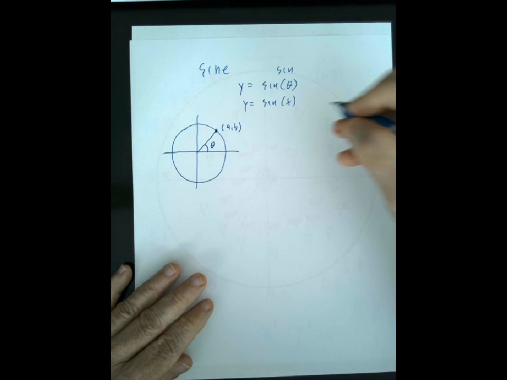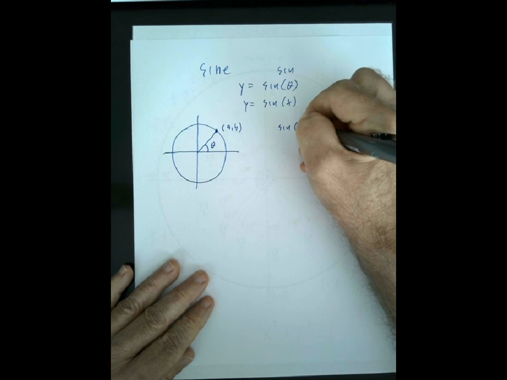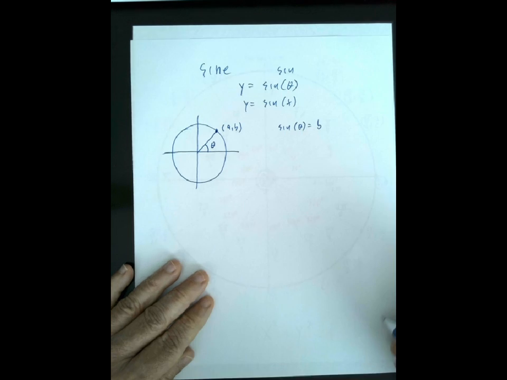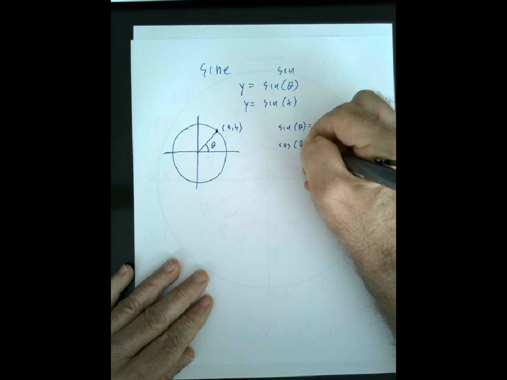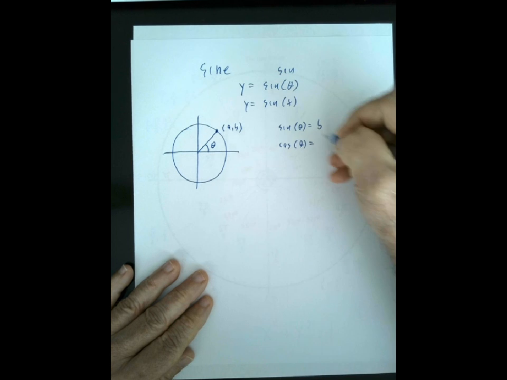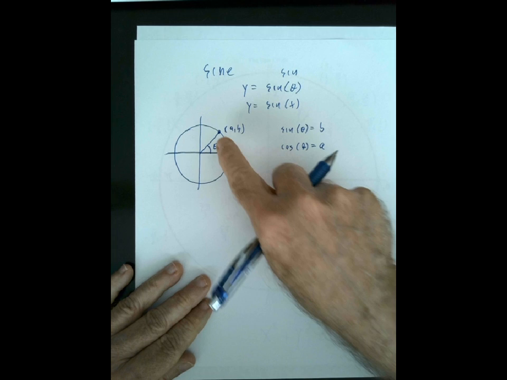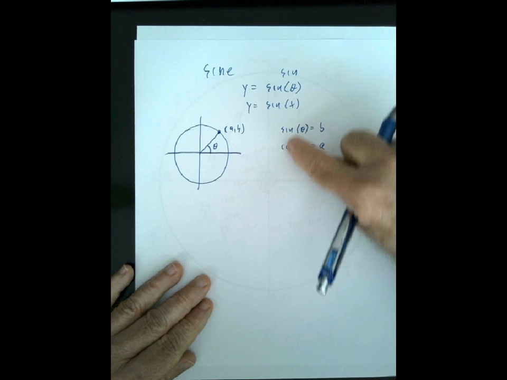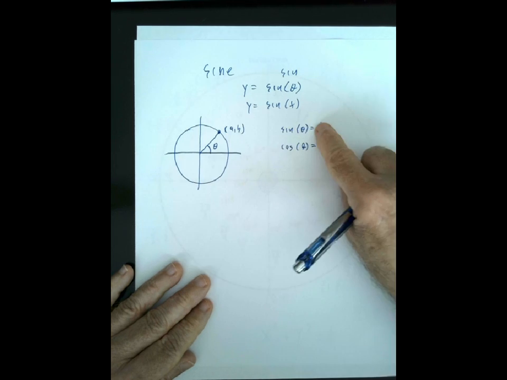Then sine theta is equal to whatever that B coordinate is. Cosine theta gives you the A coordinate. It's alphabetical order: A comes before B, C comes before S. Cosine goes with A, sine goes with B.